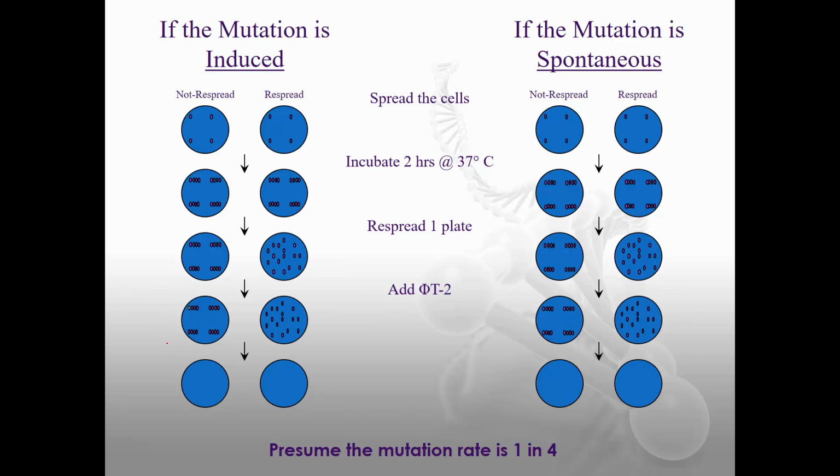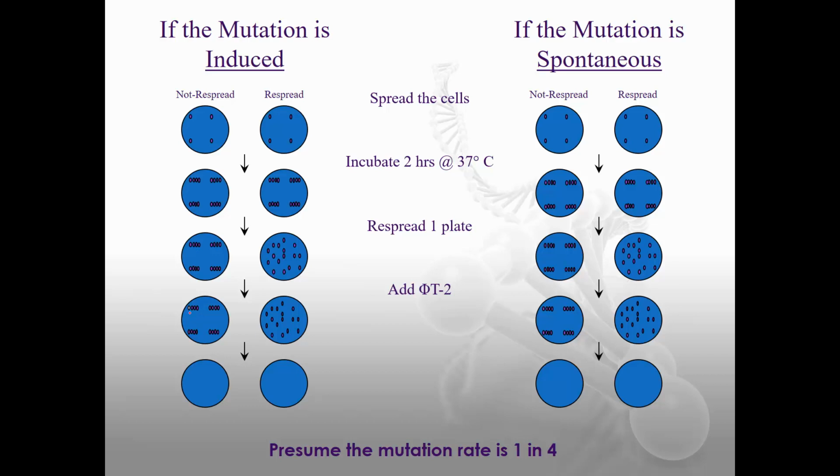And so since these are piles of 4, then the odds of getting a mutant are 1 in 4. And so on average, you'll see a mutant in each one of these piles. Now again, you might see one in some and not in others by statistics, but we're really dealing with millions of cells, so it will average out. And we're just dealing with averages here, right?